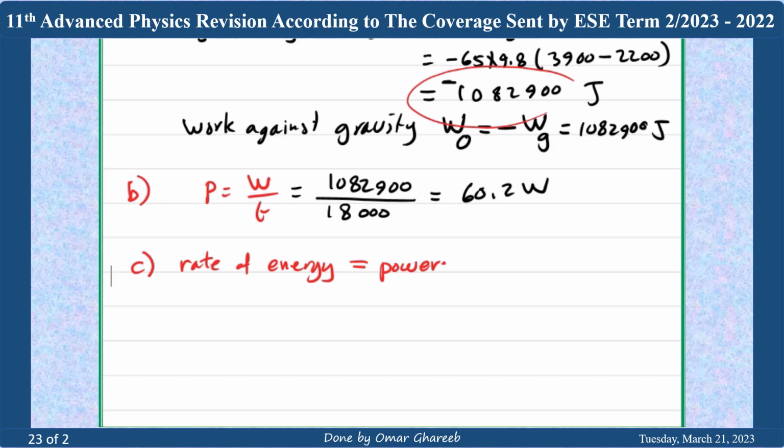Now there is a consumption of 15%, so this 60 is the rest.